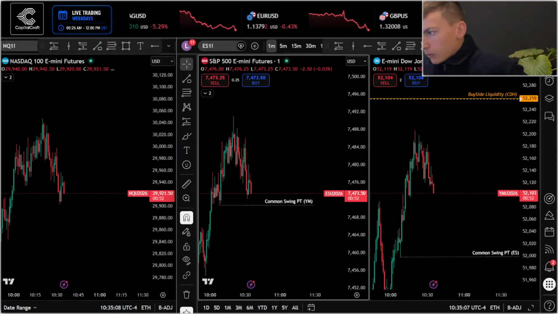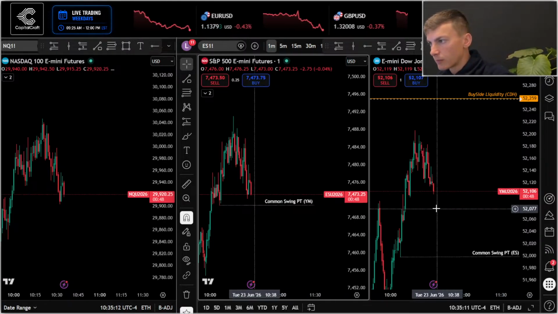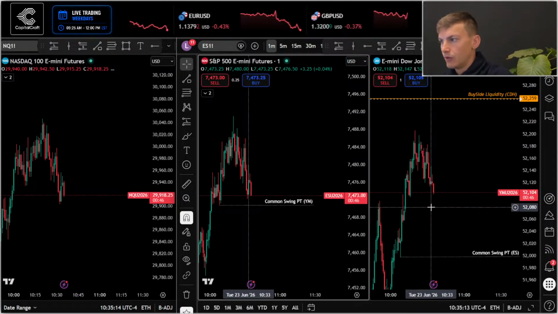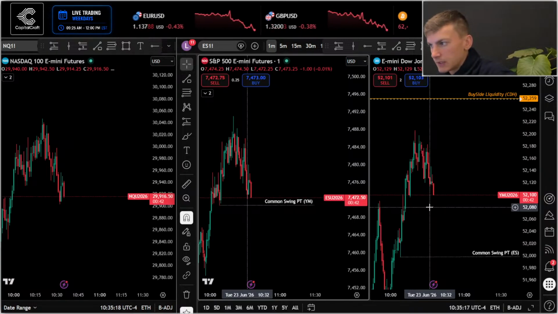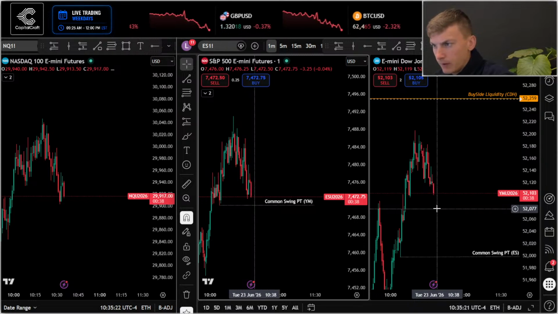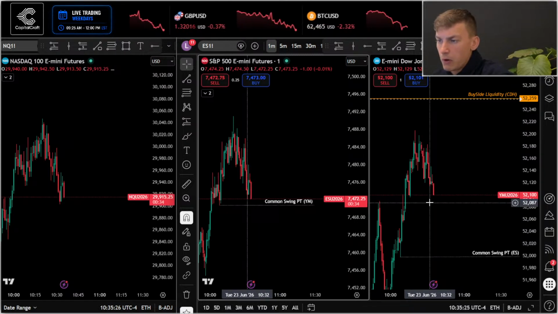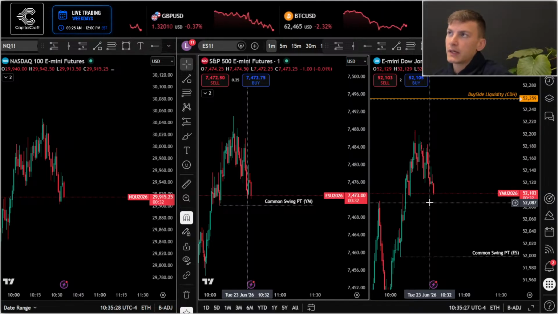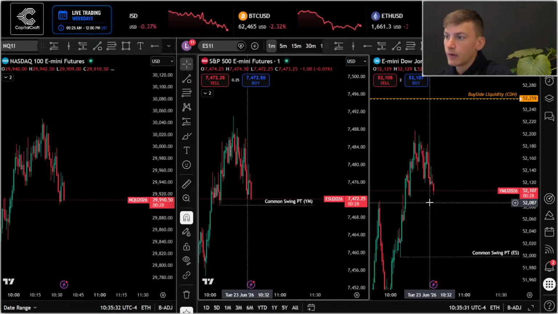Alright, we're back. So, we can clearly see that this specific common swing point has been violated. Now, I've not exactly seen the same thing on the Nasdaq or the S&P. I'm always viewing the market in a place of majority versus minority, because I've obviously got 3 pairs here.